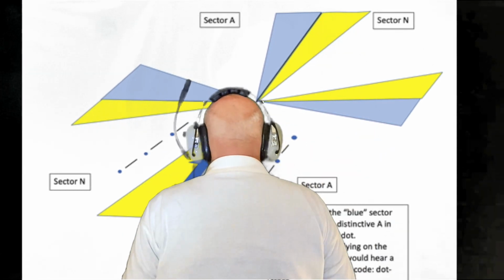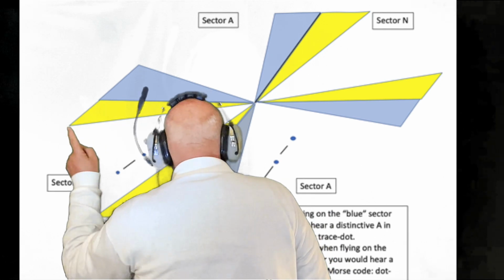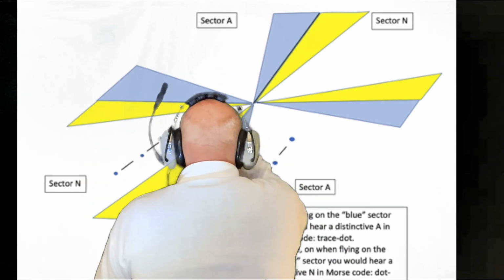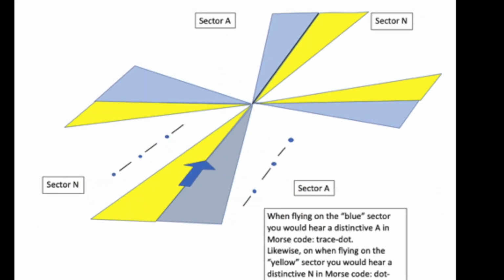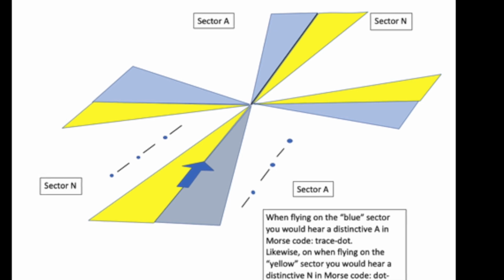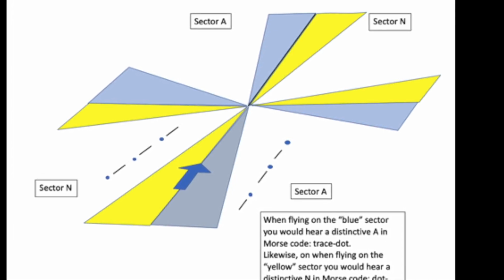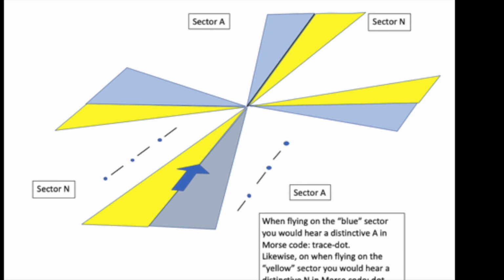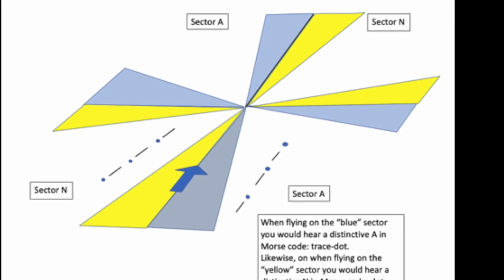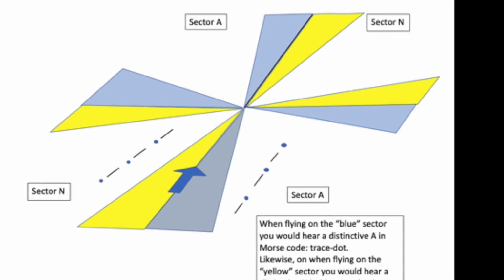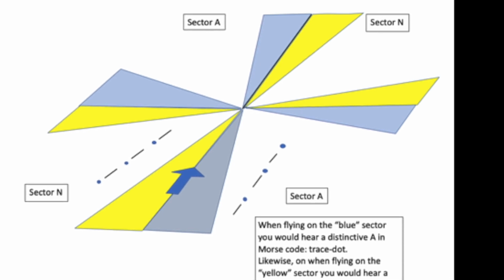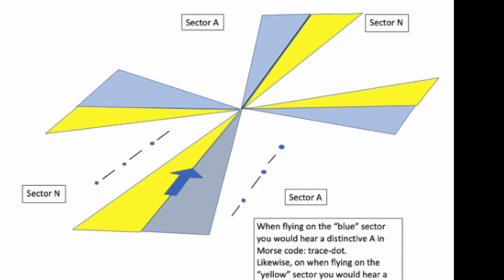One side was A, Alpha, the other side was N, November. So it was important for pilots to understand Morse code. It's true till today. Actually, all those transmissions were done via Morse code, like a telegraph.